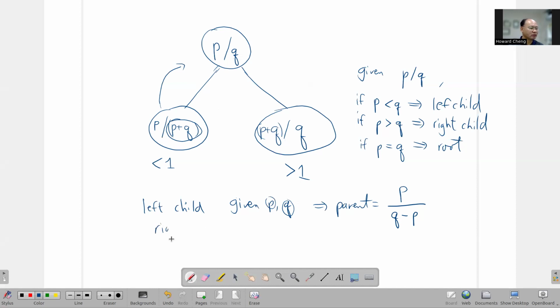And if you're a right child, similar argument, I guess. Q doesn't change, but the top is going to be P minus Q. Okay, so this is how you get to the parent. Wherever you are, you get to a parent. So what we're going to do is walk up to the parent somehow, and then maybe that will help me. Why does that help me?